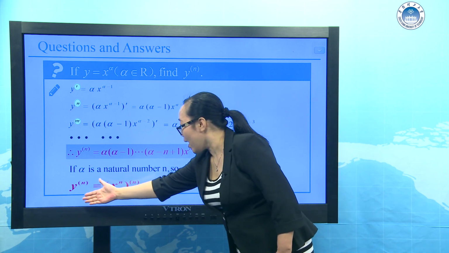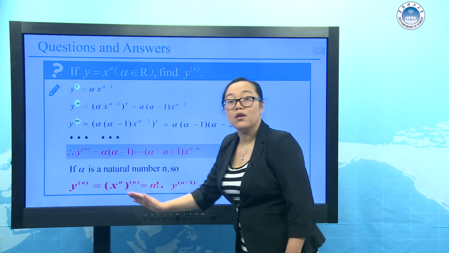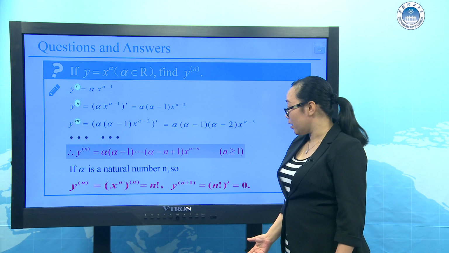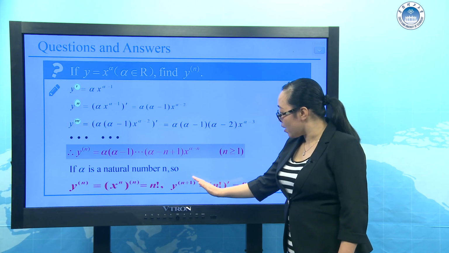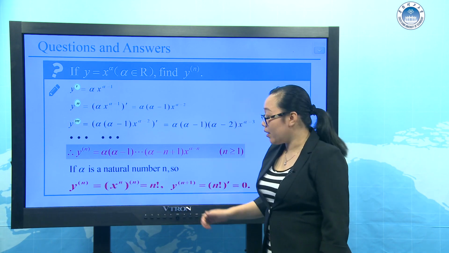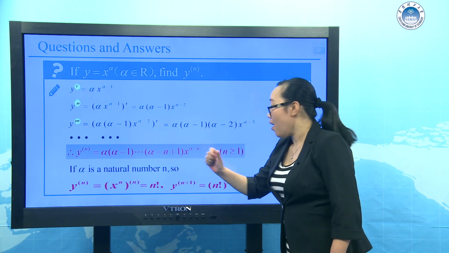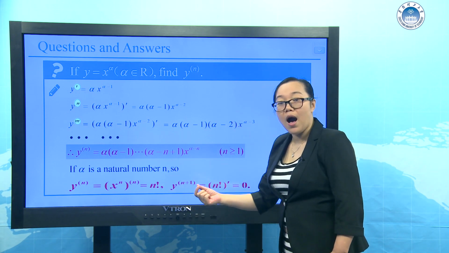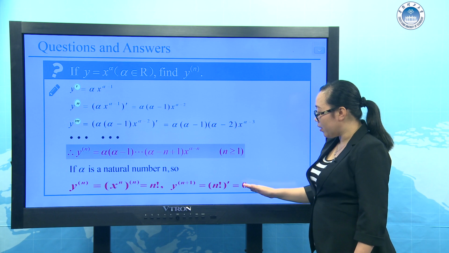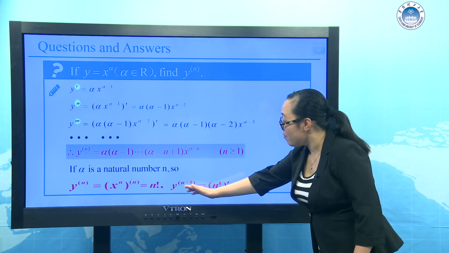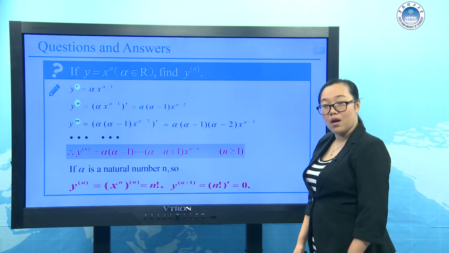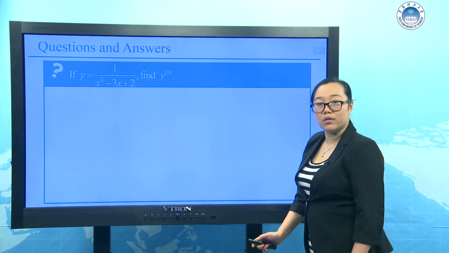So together, the nth derivative is n factorial. Special case: for the (n+1)th derivative, based on this formula we differentiate one more time. n factorial is a constant, and any constant's derivative equals 0, so it equals 0. Of course the (n+2)th, (n+4)th derivatives are 0, because the derivative of any constant equals 0.